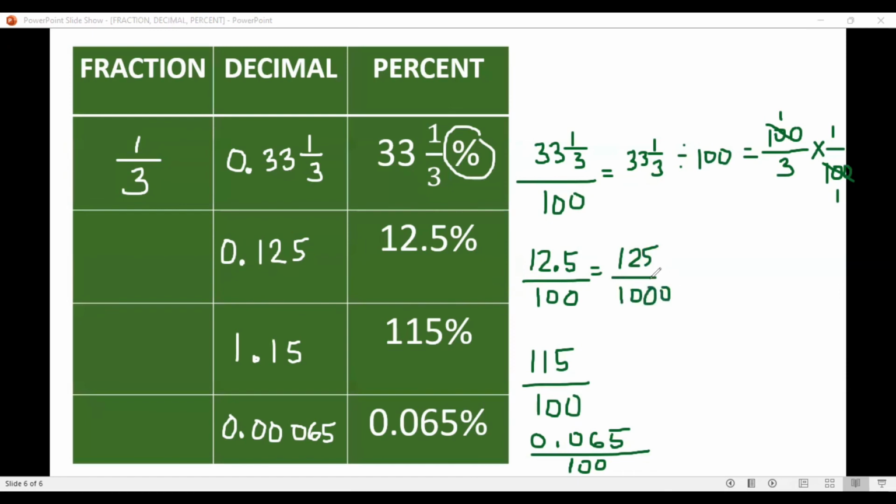If you are going to use the 0.125, it results right away to 125 over 1,000, because the place value of this is tens, hundreds, and then thousands. So if you are referring to your answer, it's 125 over 1,000.